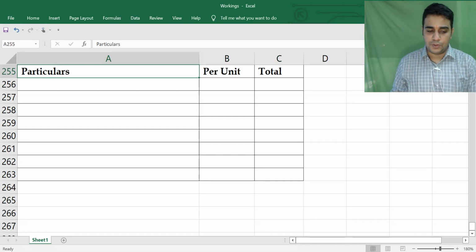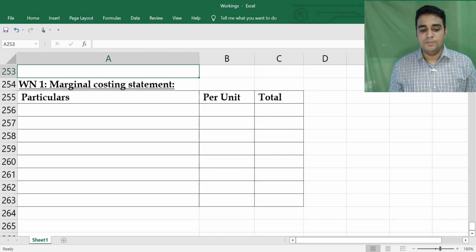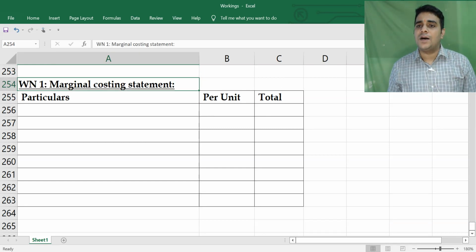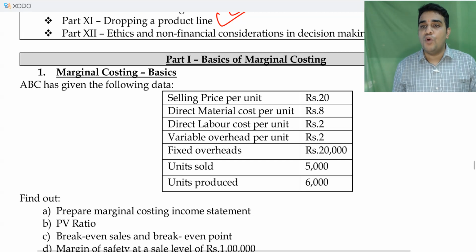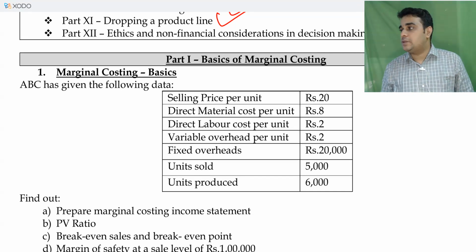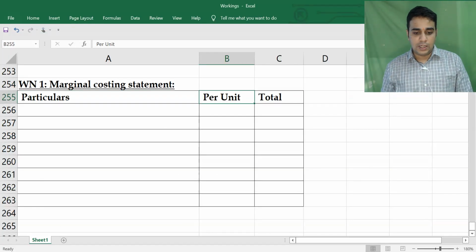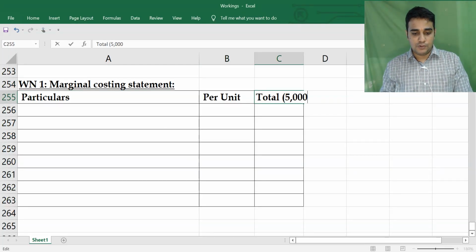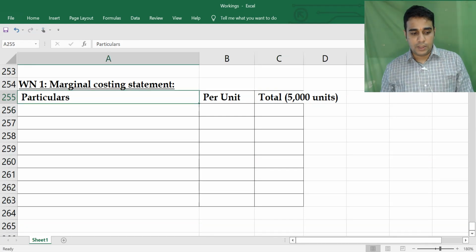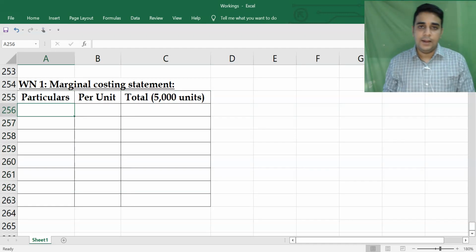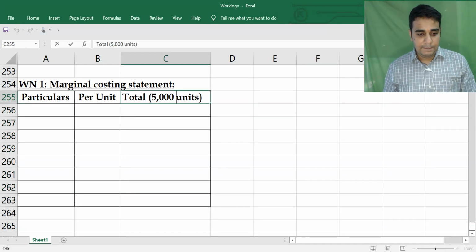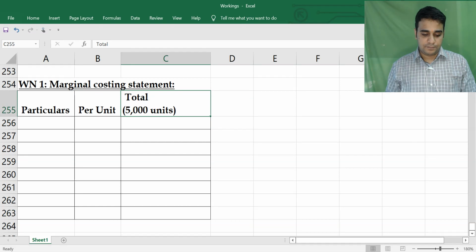Particulars, per unit and total. Now, the marginal costing income statement would be for units sold, not for units produced. The company has produced more, but what matters to us is how much they have sold, because your profit would be made only on the units which are sold. So, total for 5000 units. We make the statement for units sold.